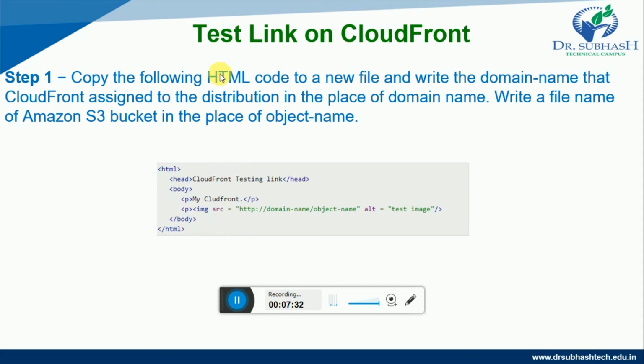Now as you can see, here we have to understand how we can test our link on CloudFront services. So for that we have to see the following steps. Copy the following HTML code into a new file and write the domain name that CloudFront assigns to the distribution in the place of domain name. Write a file name in Amazon S3 bucket in place of object name. You can use such kind of HTML code for a testing purpose.